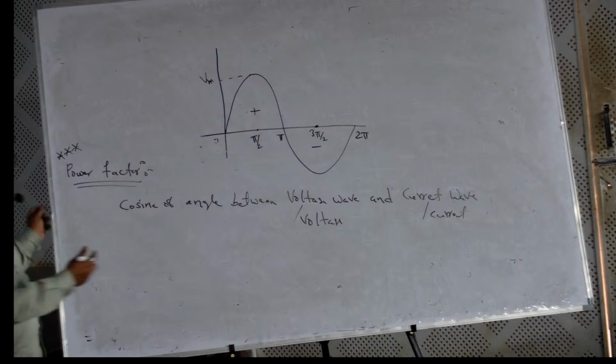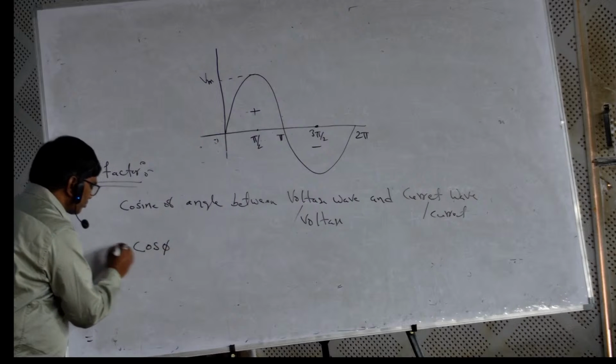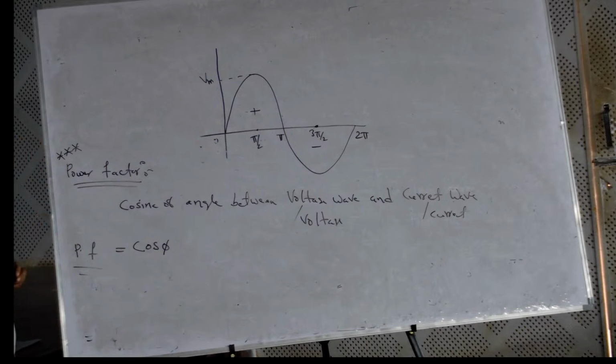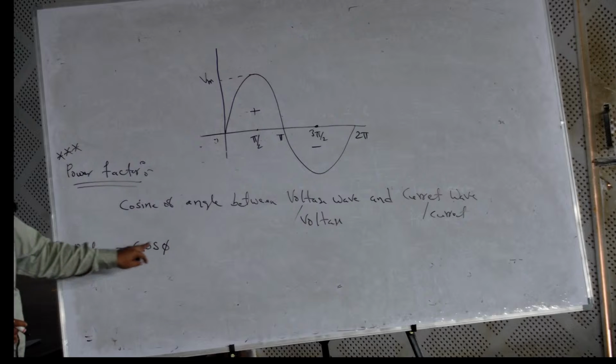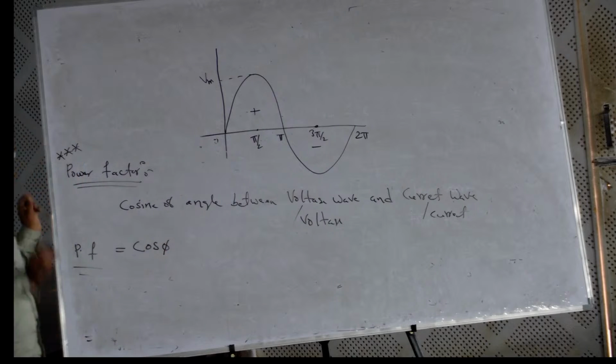So that can be represented as cos phi. Power factor is equal to cos phi. How can you get this phi value? Phi is nothing but the angle. How can you get this angle? The angle between voltage and current.